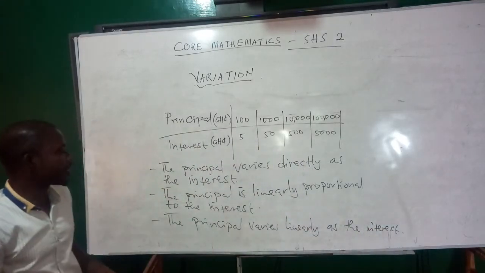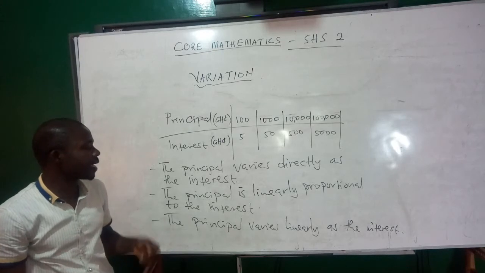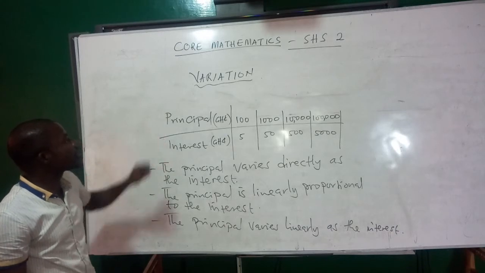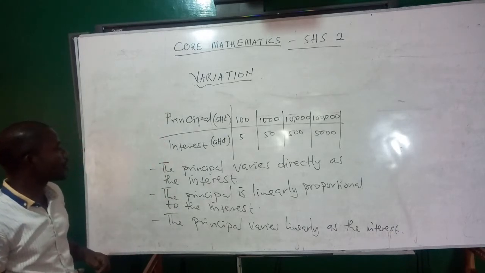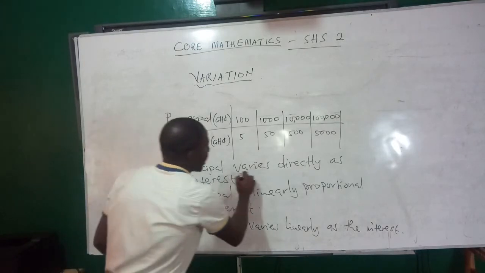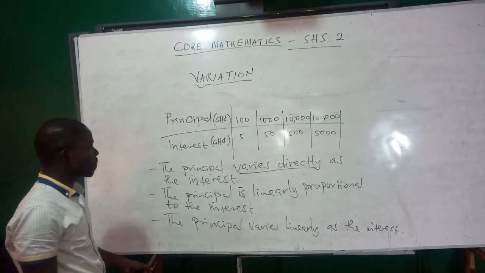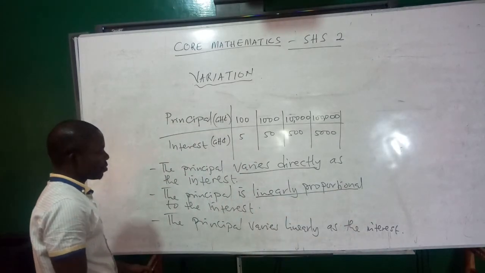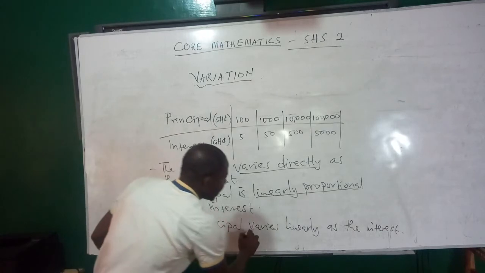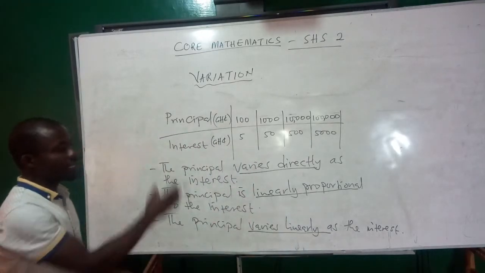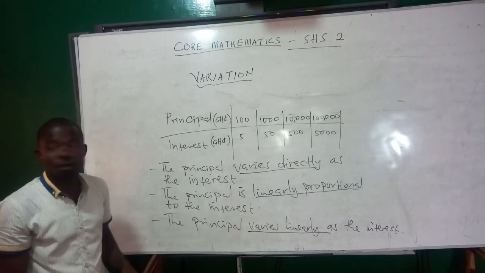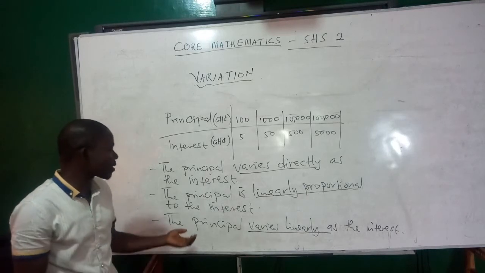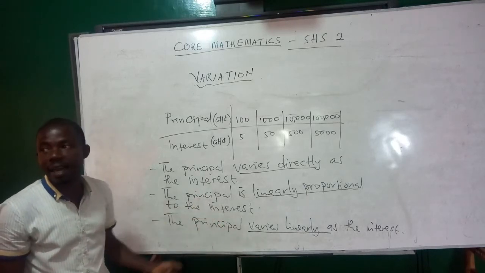So these statements can be used to describe the direct variation: varies directly as, linearly proportional to, and then varies linearly as. All these statements can be used to describe the direct or the linear variation.